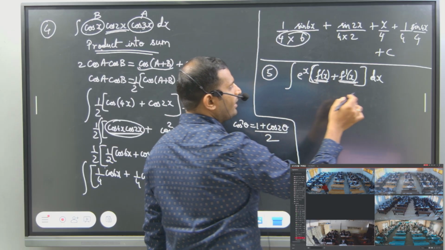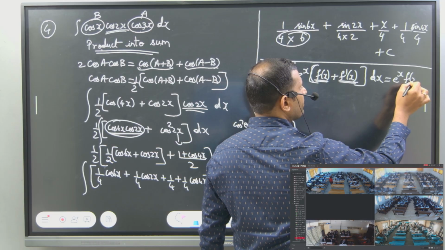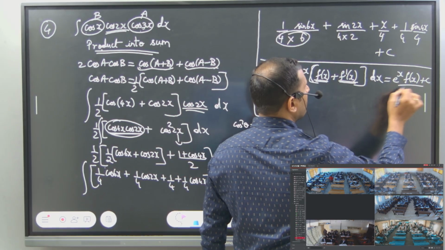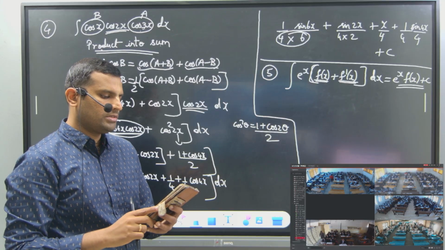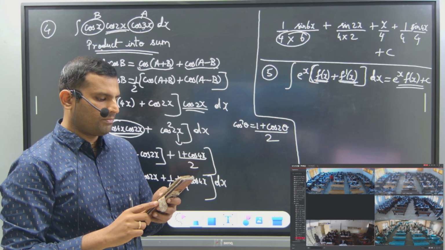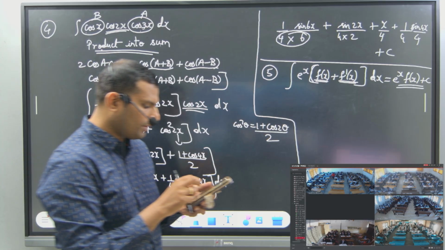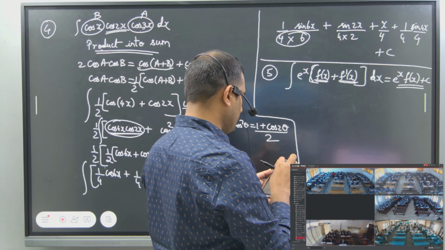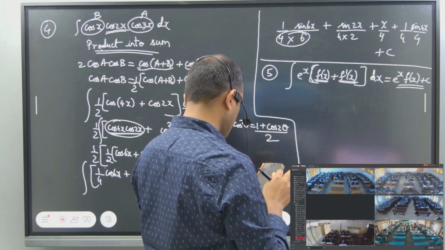When you integrate this, the answer is e power x f of x plus c. Right? Based on this concept, so many previous year CET questions have come. I am going to give you a few of them from the previous year CET. So let's do some of them.